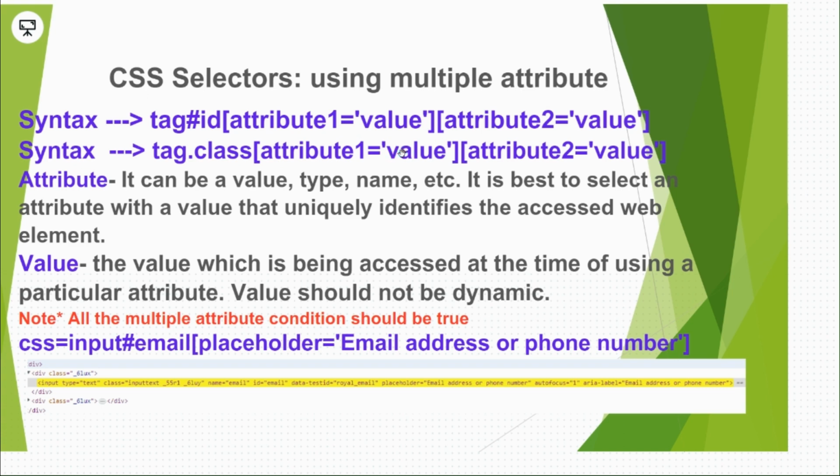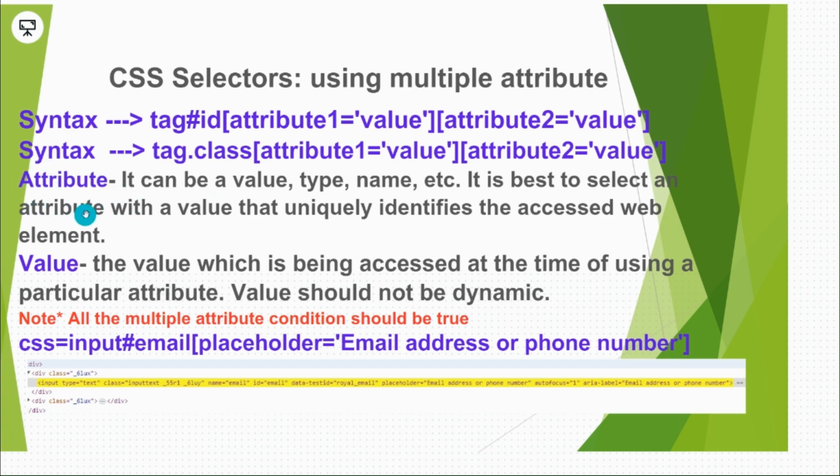If you are able to locate an element with the help of one attribute, then you can use this syntax. If it is not working, you can add another attribute. Similarly, there is no restriction that you can add only one or two attributes. You can add attribute 3 and attribute 4 as well.